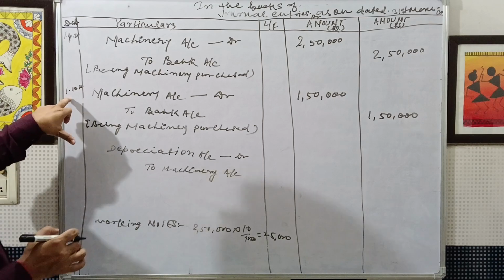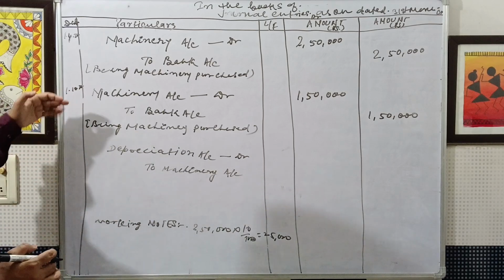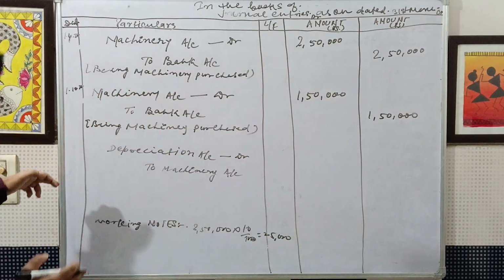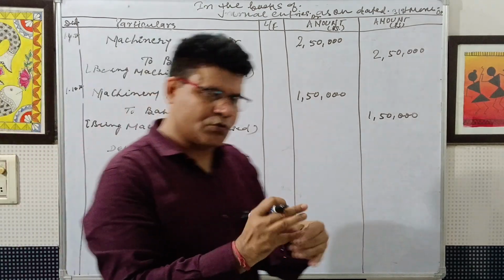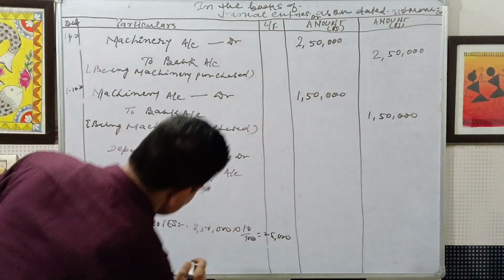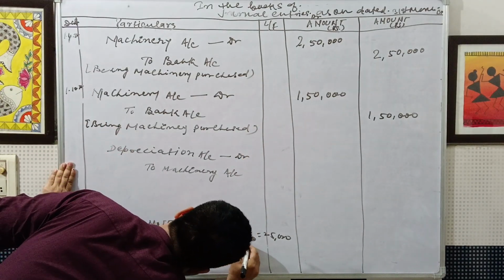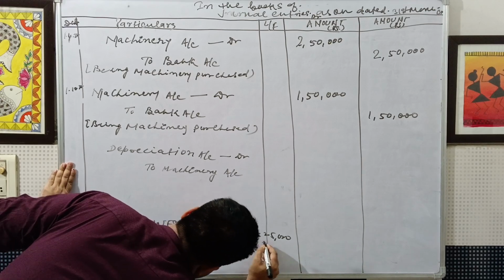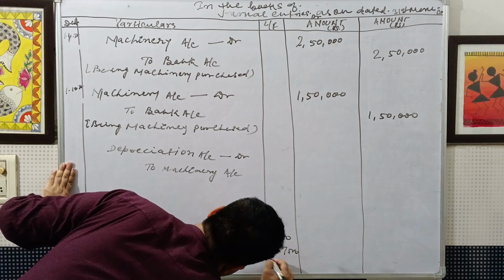And another machine was purchased on 1st October 2022. So from 1st October 22 to 31st March 23, that is October, November, December, January, February, March, six months of use. 1,50,000 into 10 by 100 and 6 by 12, so 7,500 is the depreciation.